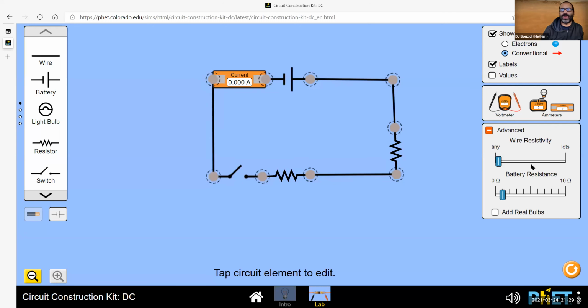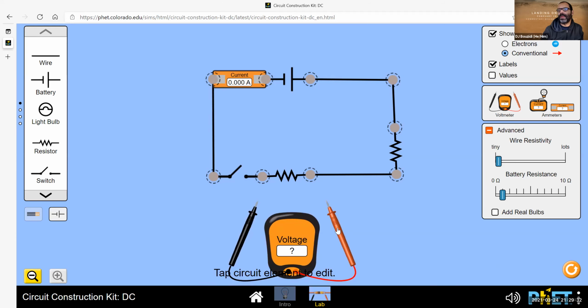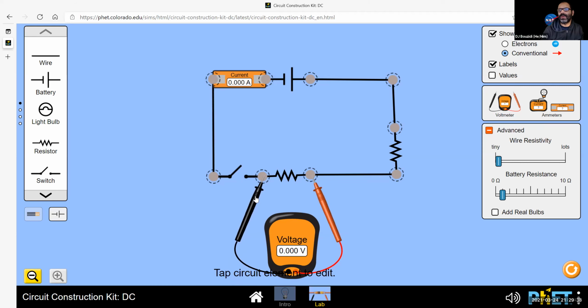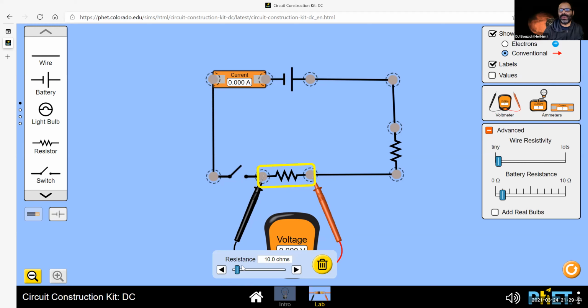So let's fix the values first. First of all, we need the voltmeter. The voltmeter will read in here because this is a positive side. So I'm going to put it positive and I'm going to put it at 0. Right now there is 0 volt because there is no current flowing through the circuit. So let's double click on this value and put it at 5 ohms. Either I put it manually or I can control it. Can I change this one?